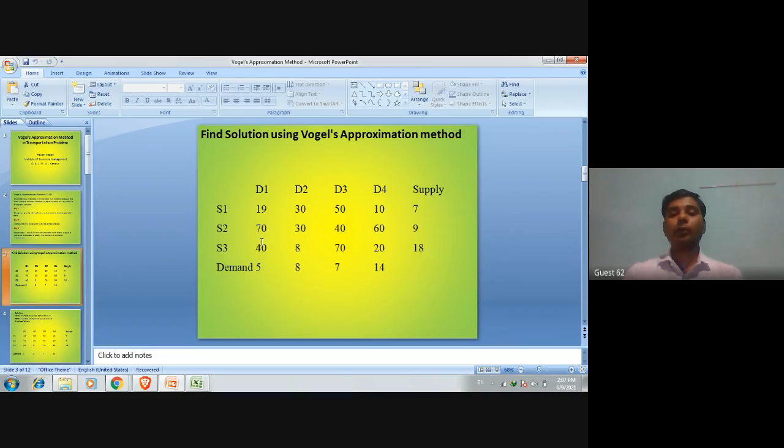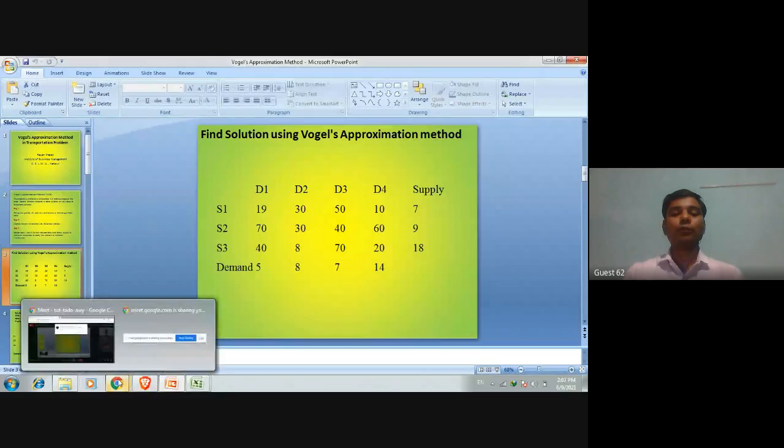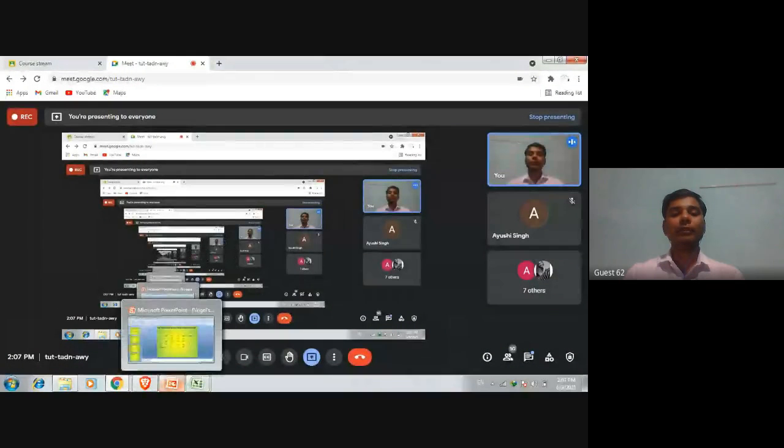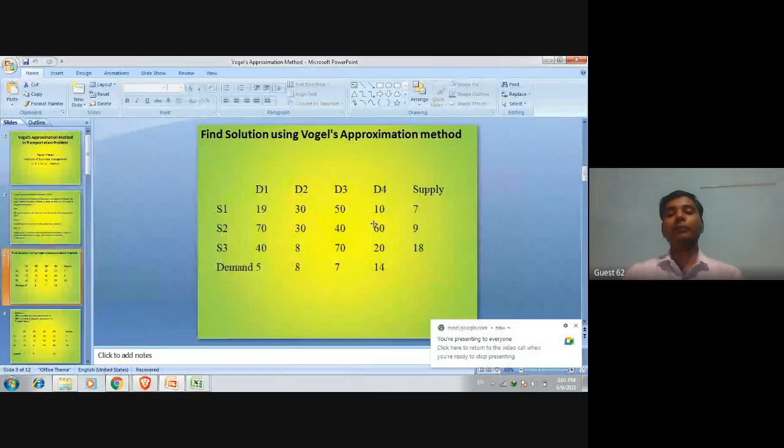Similarly, in the second row we will select the two least costs. In the second row, 30 and 40 are the two least costs. Here 40 is the second smallest number and 30 is the smallest, so we subtract 30 from 40. That becomes 10, so 10 will be the penalty for row S2.